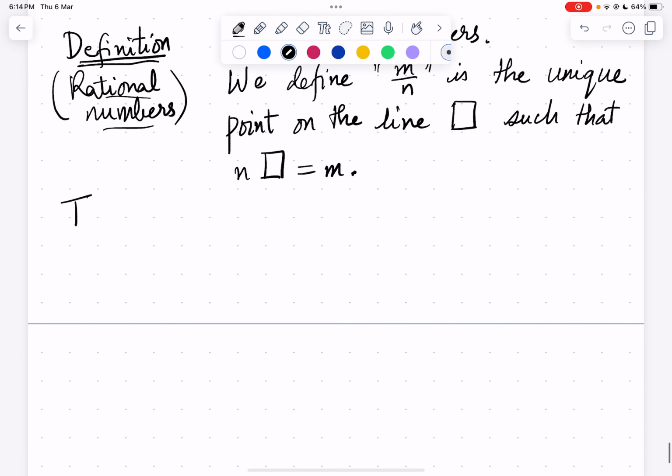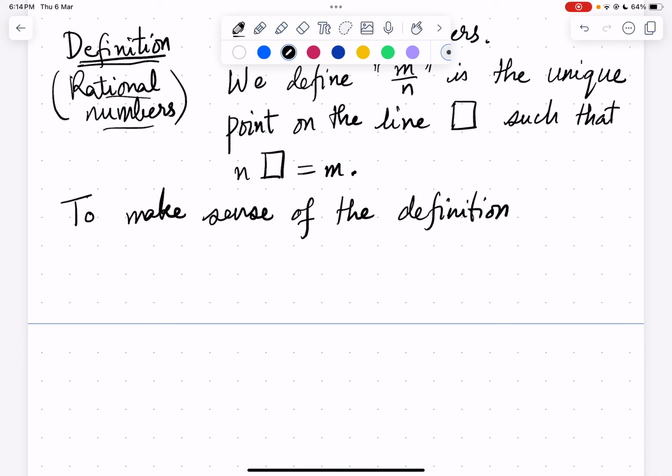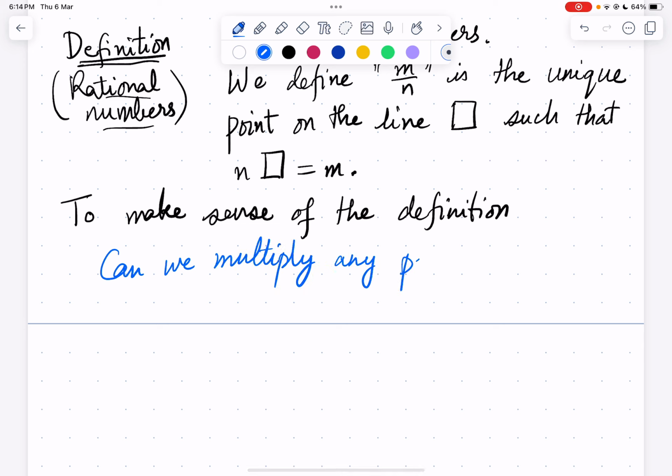So to make sense of the definition, we need to ask, can we multiply any point on the line with an integer?